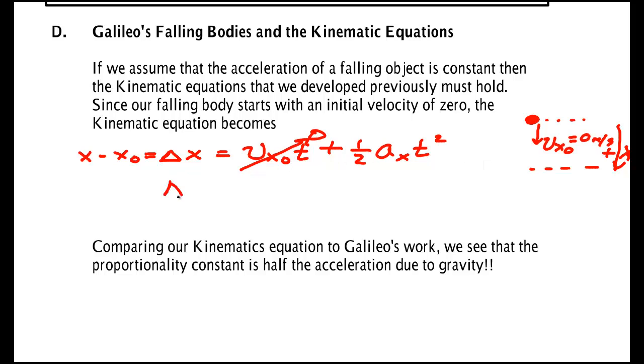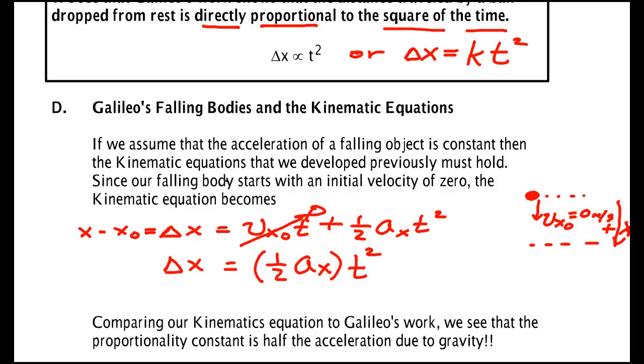So what we find is that delta x is equal to 1/2 times the acceleration in x times time squared. At least that's what a constant acceleration problem would give us. But that's basically what we have with Galileo's law.